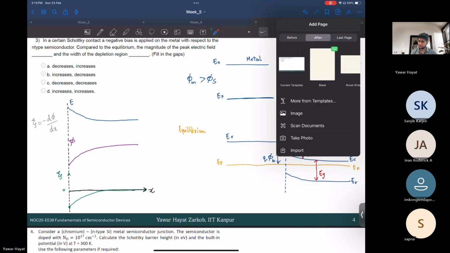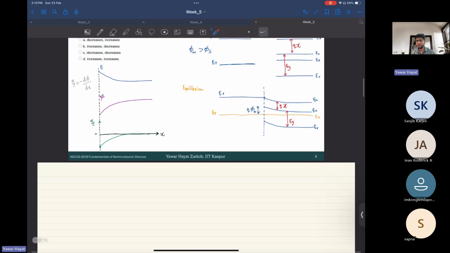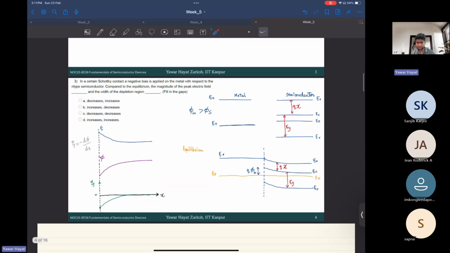Now let's see how the band diagram, or I should say the electric field profile, changes when this bias configuration is used.